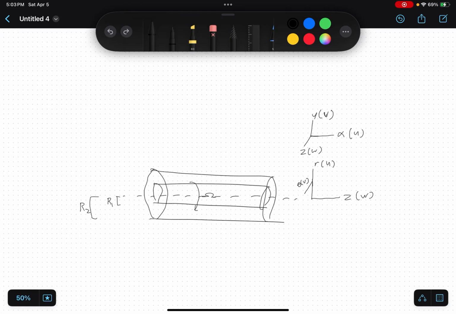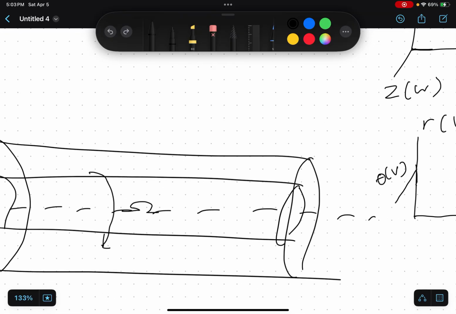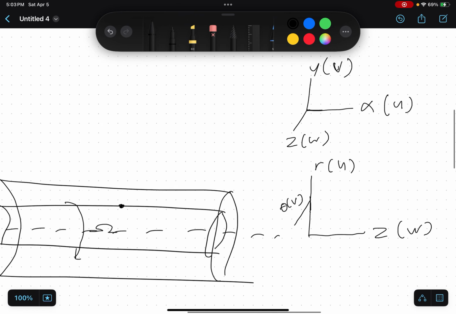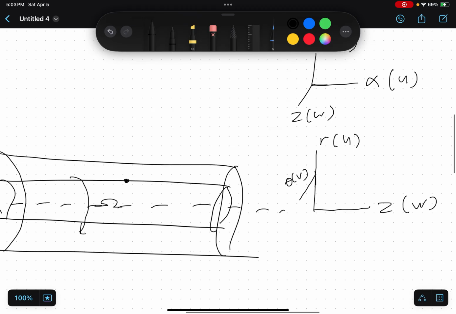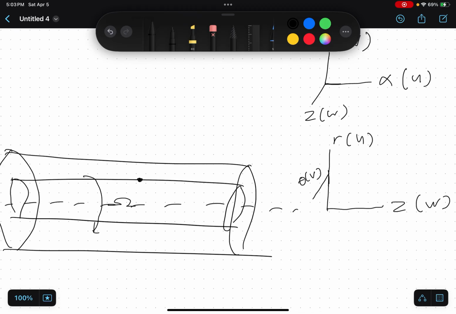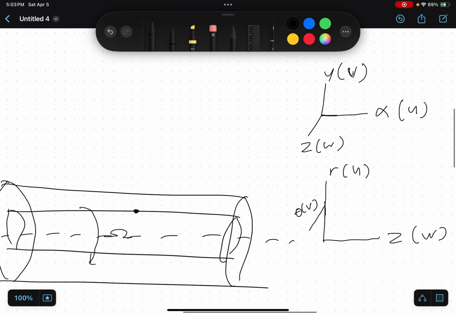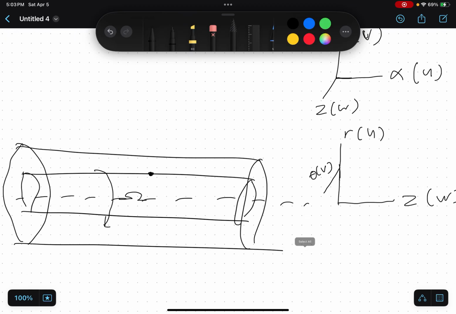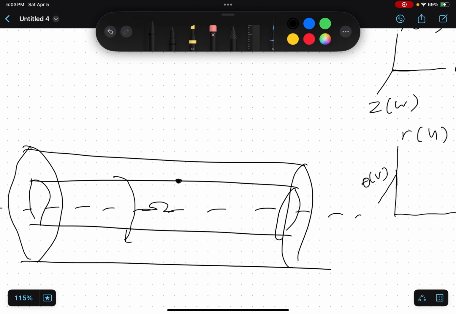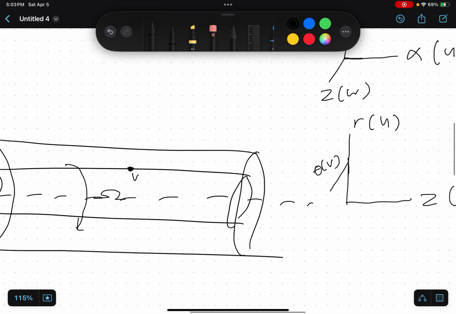All right, boundary conditions. Which one would it be? It would be theta, wouldn't it? Yeah, it would. Since it's rotating, it would be V, the theta direction, the omega direction, because omega is the same direction as theta.